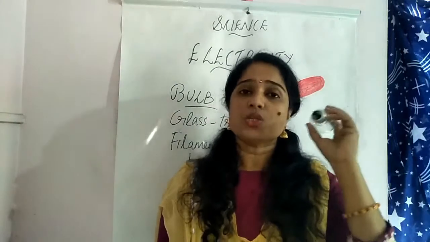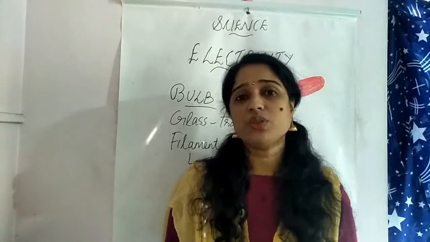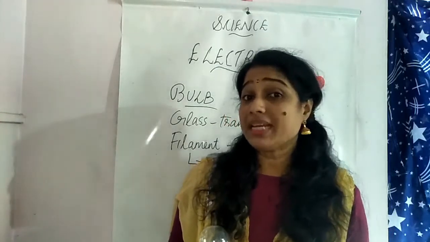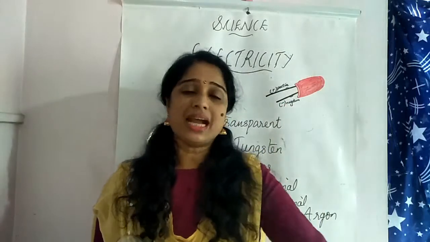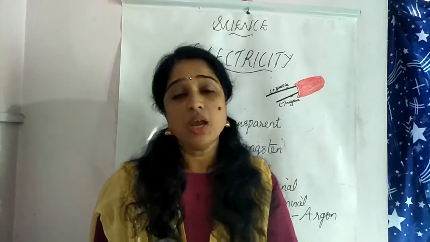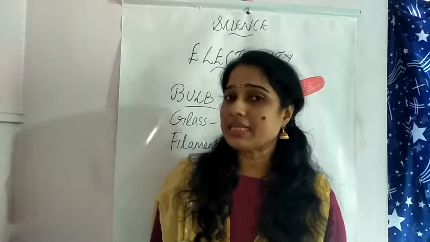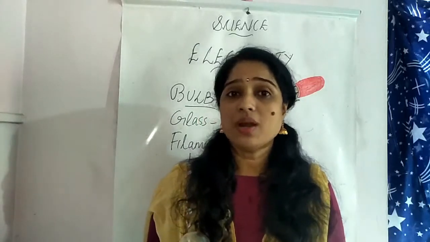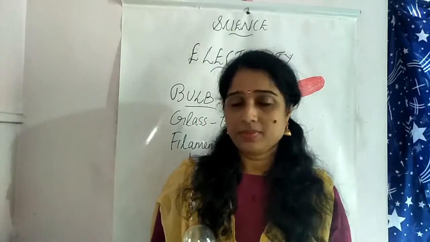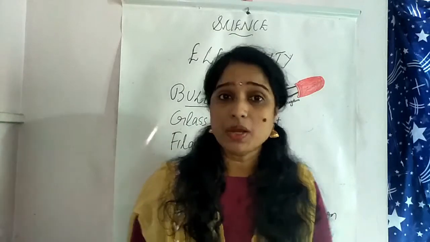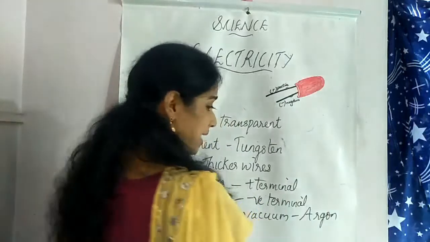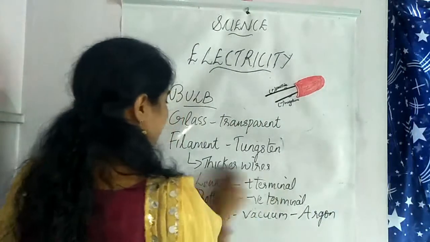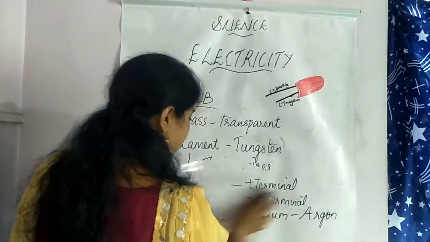Clear? Yes. So when the electrical energy passes through the bulb, the tungsten filament gets heated and melts at very high temperature. When it melts, it releases light as well as what? Heat energy. In the case of this bulb, what conversion takes place? That is very important.